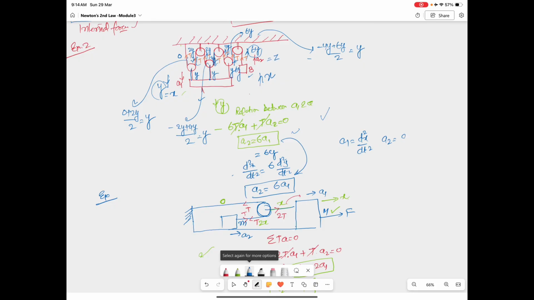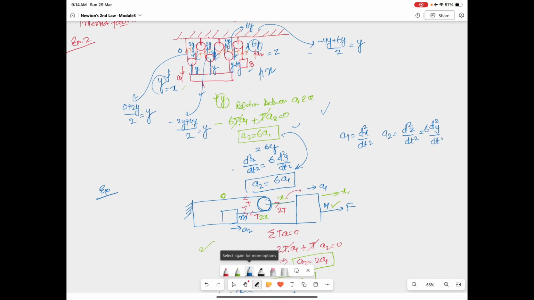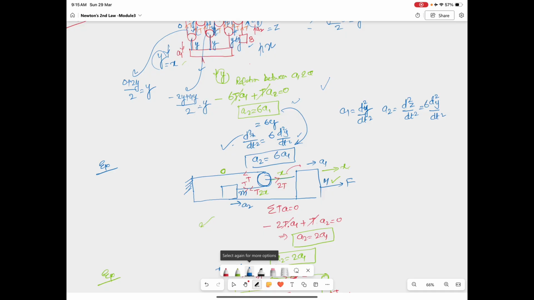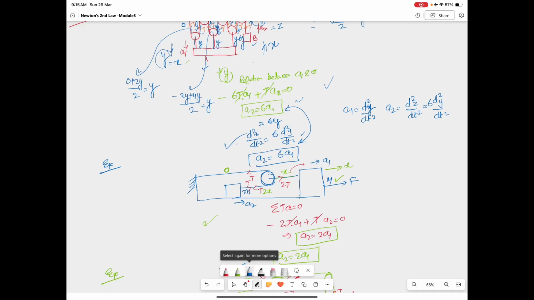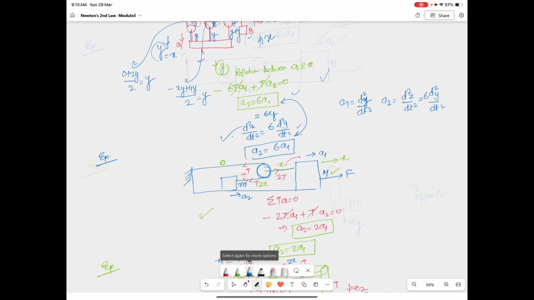It will be d2z by dt square, which I can write as 6 times d2y by dt square. Here x and y are the same, so I have to write here as y. So this is 6 times d2y by dt square. So a2 will become 6a1, which is the same as I got by the earlier method.